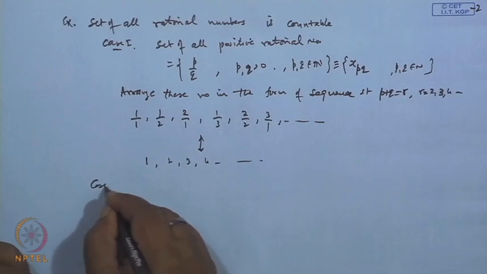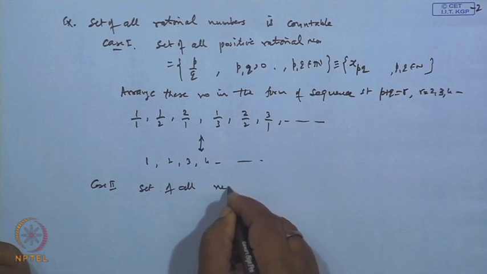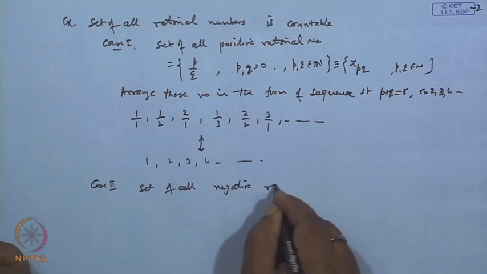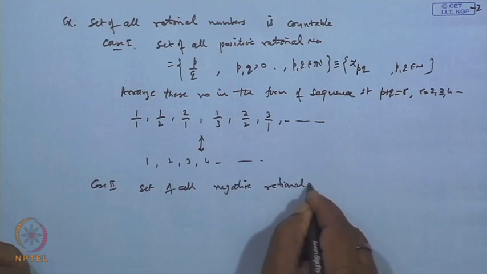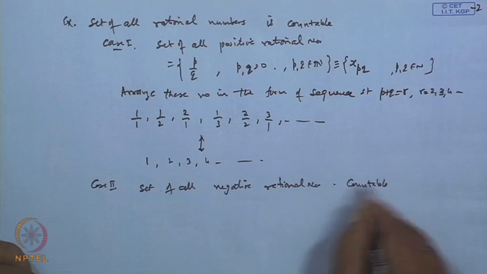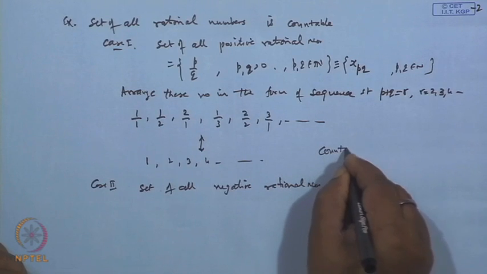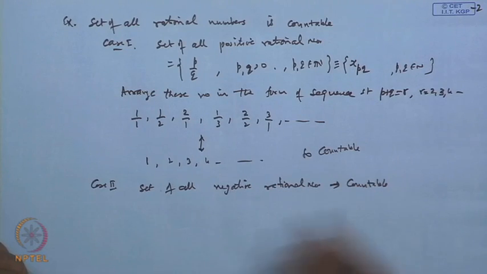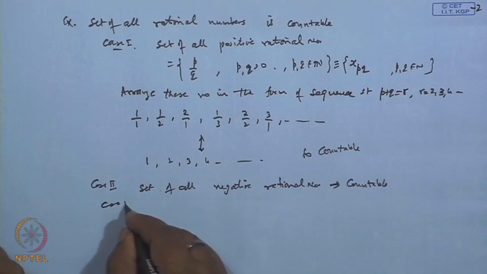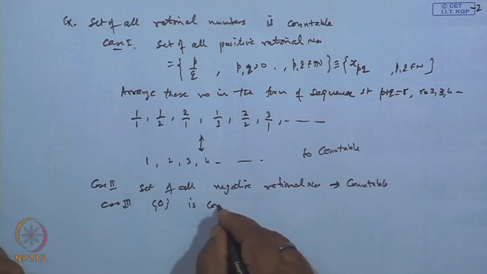Then the same case is with the set of all negative rational numbers. In a similar way, it is also countable. And the singleton set 0 is a finite set, so it is countable.